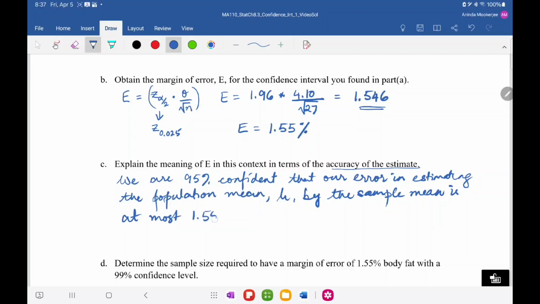That's the maximum error we are allowed to make while we are estimating the population mean from our sample mean.